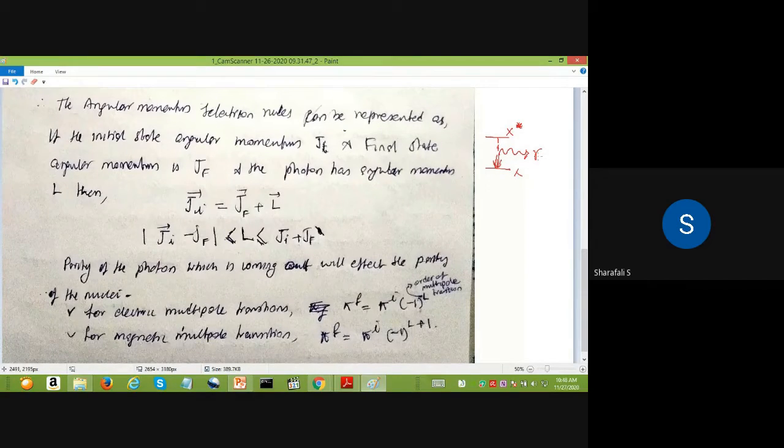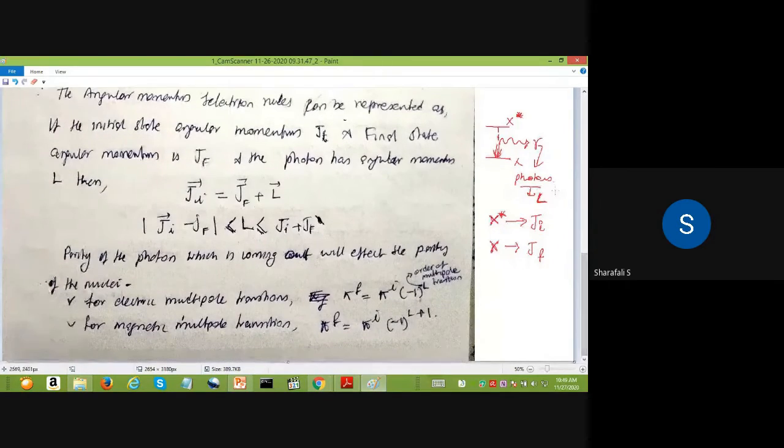These gamma radiations are photons, and these photons are associated with some angular momentum L. If you consider this scenario, the nucleus in the excited state is also associated with some angular momentum, let's say Ji, and the ground state nucleus is also associated with some angular momentum, that is J final.